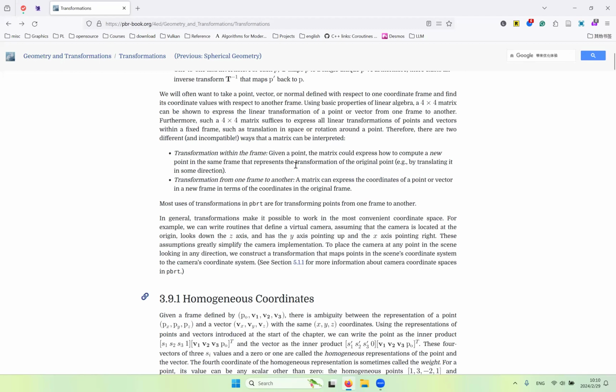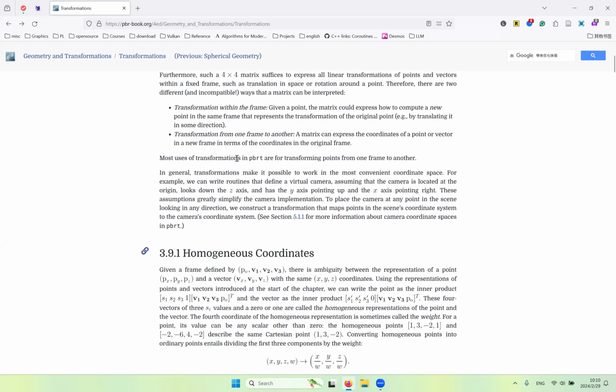That's something that cannot be captured by the type system, for example. Just something to keep in mind when we use those matrices. And most uses of transformation in PBRT are transformations of points from one frame to another.